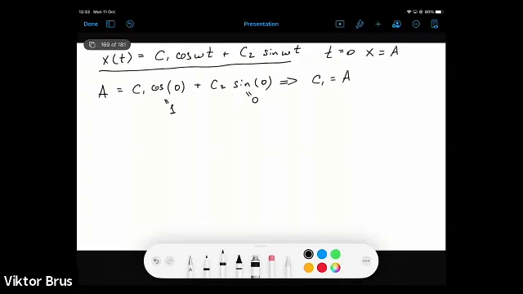Let's say we consider the same time, t equal to 0. From your point of view, what other statement can we make based on this system, a mass attached to the spring, which could be helpful in determining this unknown constant C2?